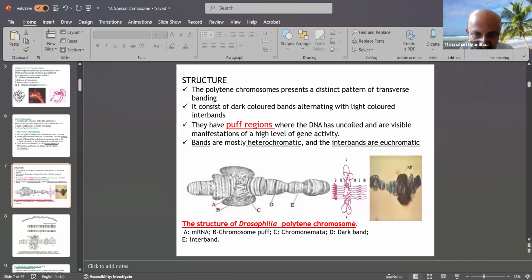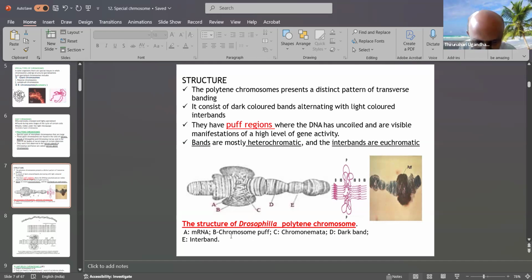So they have puff regions, where the DNA is uncoiled, a visible manifestation of a high level of gene activity. The bands are mostly heterochromatin and the interbands are euchromatin, two types: heterochromatin bands and euchromatin bands.